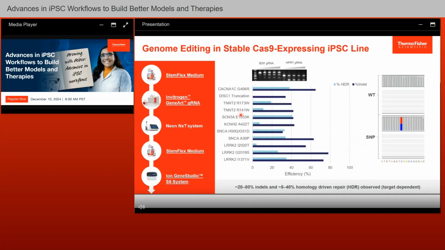We've also generated different lines that have SNP edits in either the SNCA gene or the LRRK2 gene that are commonly associated with Parkinson's disease as well. So overall, depending on the location of the intended edit, we observe anywhere between 20 to 80% indel formation or 5 to 40% SNP conversions with our particular protocols.